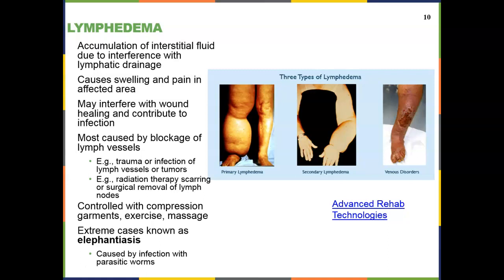If the vessels are damaged, then you can't pick up the excess fluids, and then you're going to have that excess fluid pooling in those areas, which is going to cause all kinds of problems with blood pressure and damage to the tissue and organs in that area.